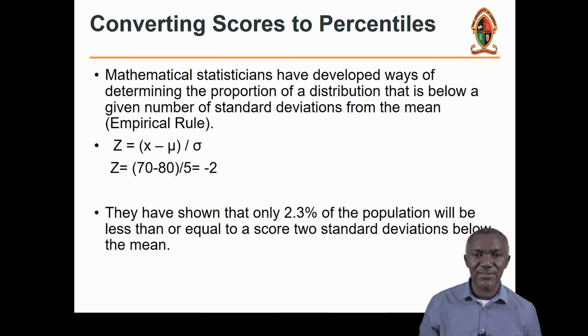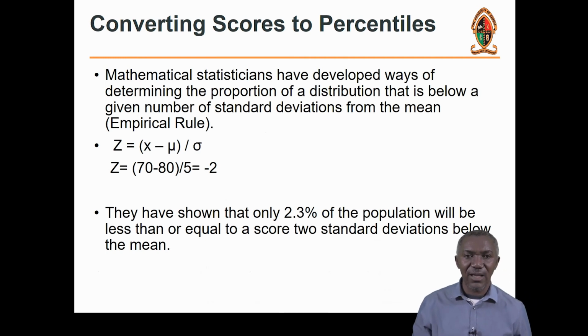So in this case, for instance, we make calculations, and in our calculations, we find that this particular goat has a weight of 70, and the mean is 80, and the standard deviation is 5. So we calculate and find that the z-score is -2.